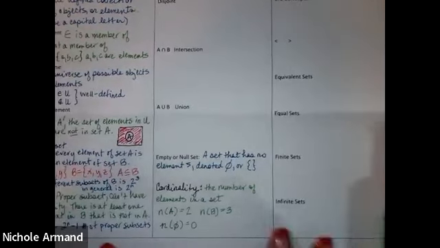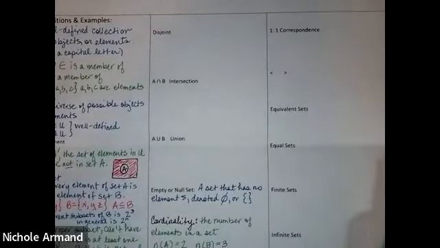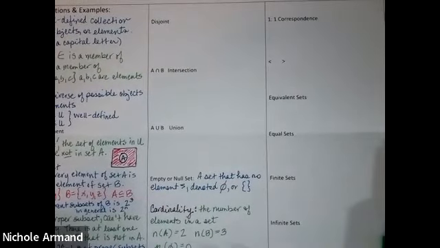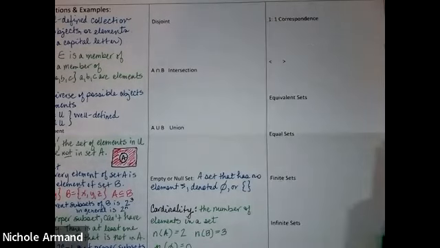So now we're going to actually kind of move up the page this way. The next thing we're going to do here is the union. And we're going to start drawing ourselves some little pictures.